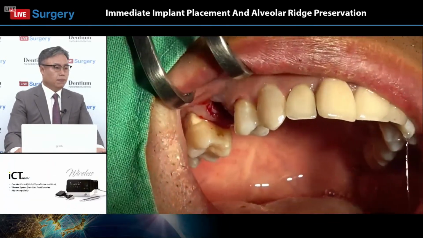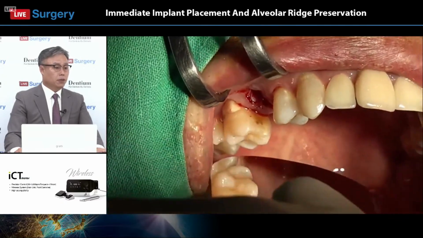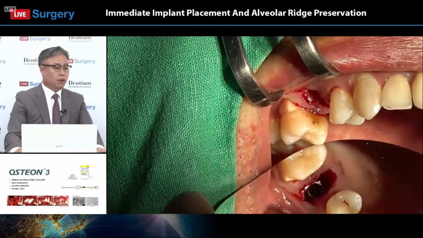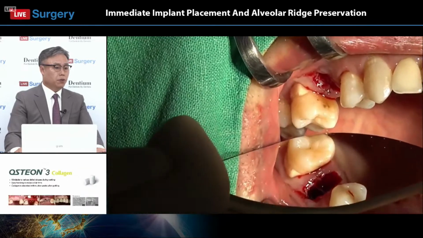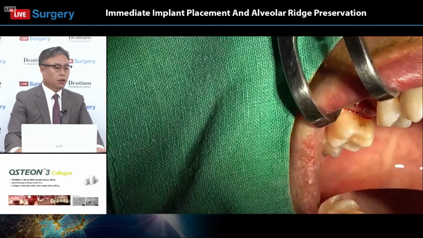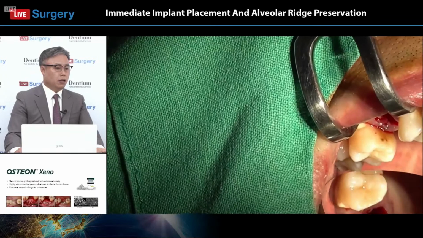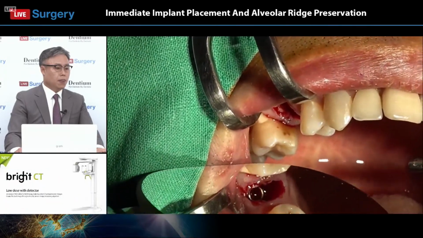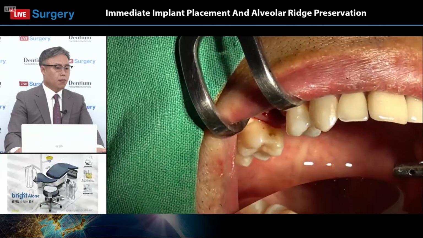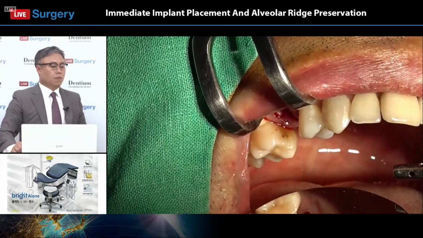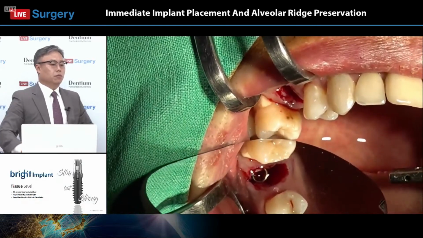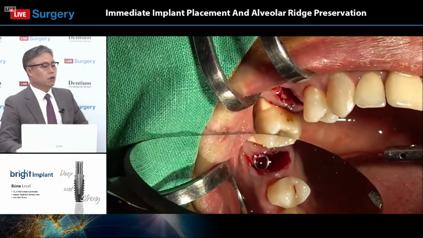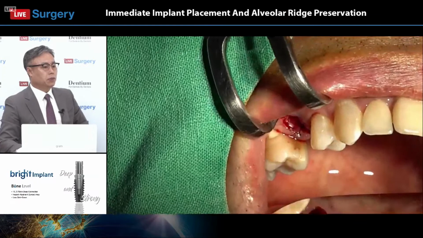He opens the flap, opens the mouth, and checks whether the implant position is pretty good or not. Because we get primary stability of the implant, we could connect the healing abutment.